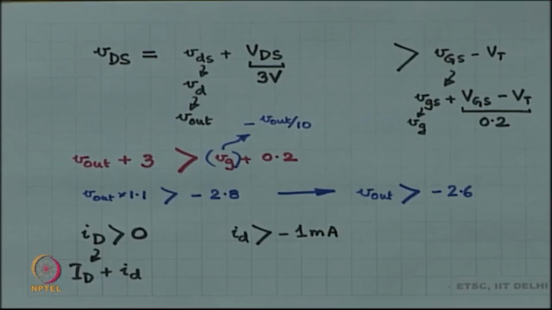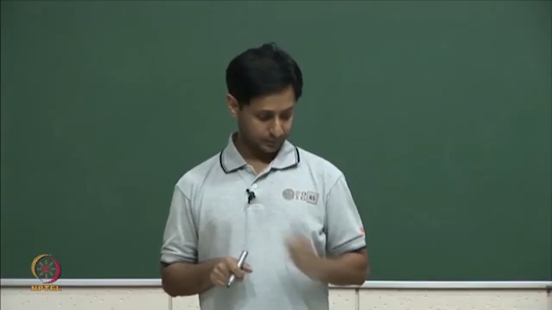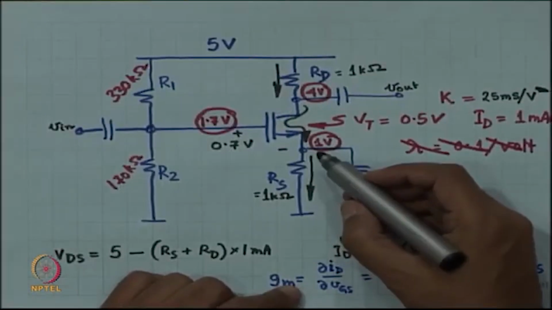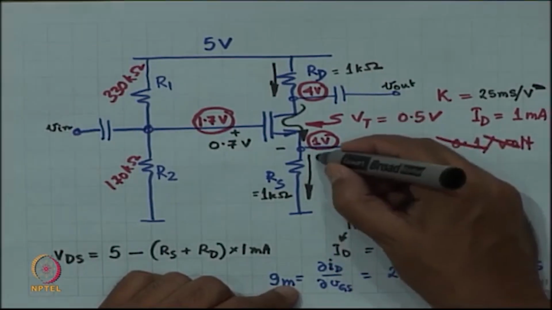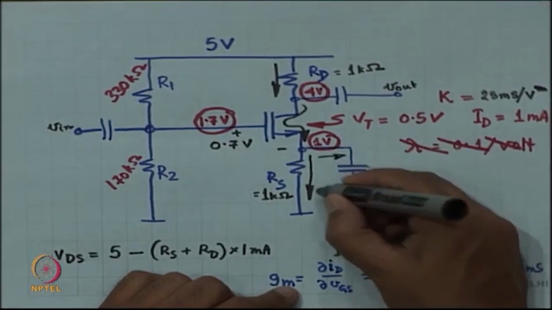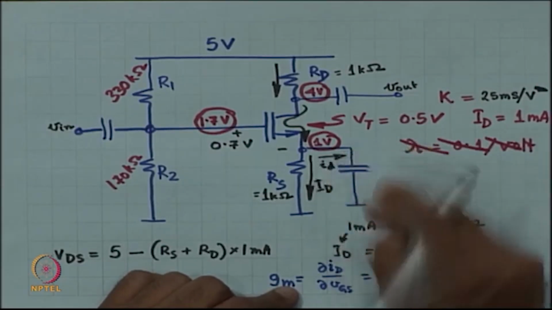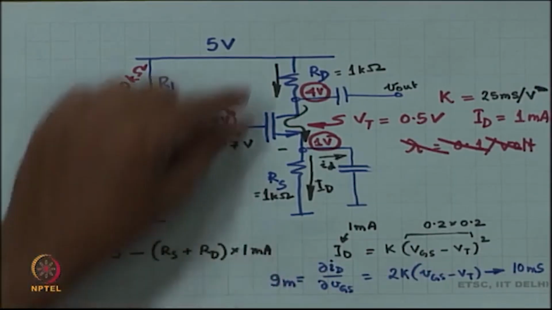It has to be more than minus 1 milliampere, it can't be less. Okay. If small ID is more than 1 milliampere, then what? So, capital ID goes this way, small ID goes that way. So, it splits up.